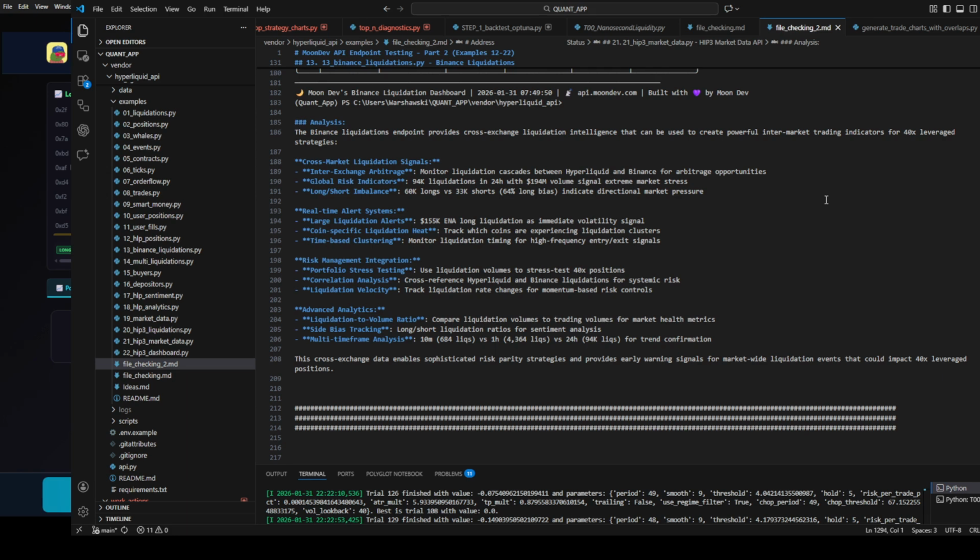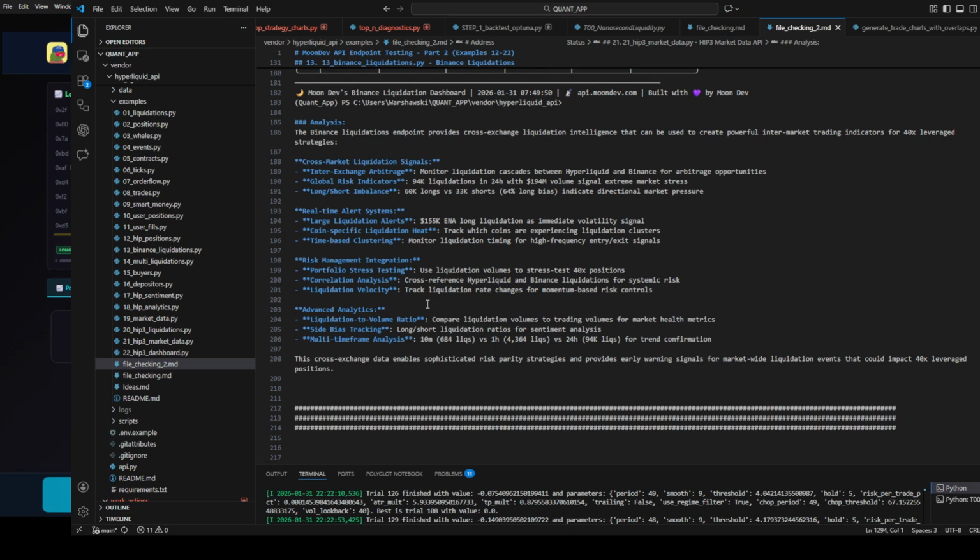Time-based clustering, monitor liquidation timing for high frequency entry exit signals. Risk management integration, portfolio stress testing, use liquidation volumes to stress test 40x positions. Correlation analysis, cross-reference Hyperliquid and Binance liquidations for systematic risk.